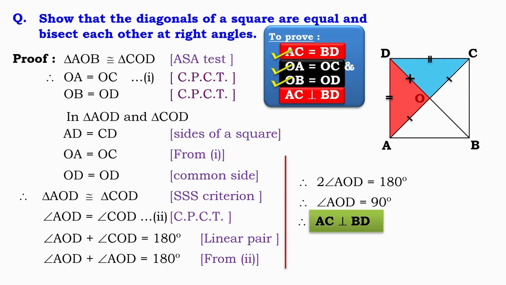Hence we can clearly prove that AC is perpendicular to BD because it is making a 90 degree angle. Hope this is clear to you.